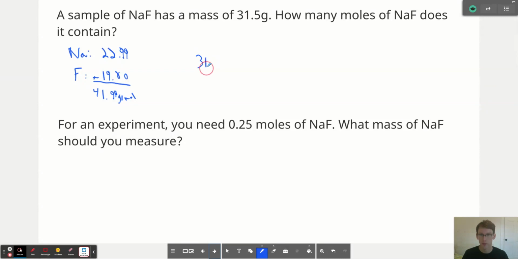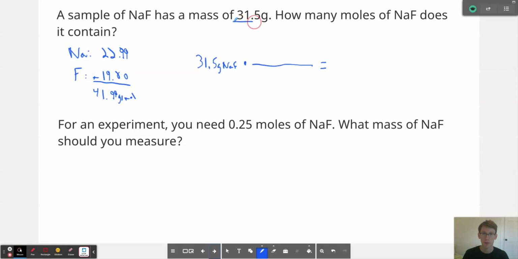I always start with whatever measurement I'm given, 31.5 grams of NaF. And I'm going to multiply this by a conversion factor that will get me to moles of NaF, since it's asking for moles.